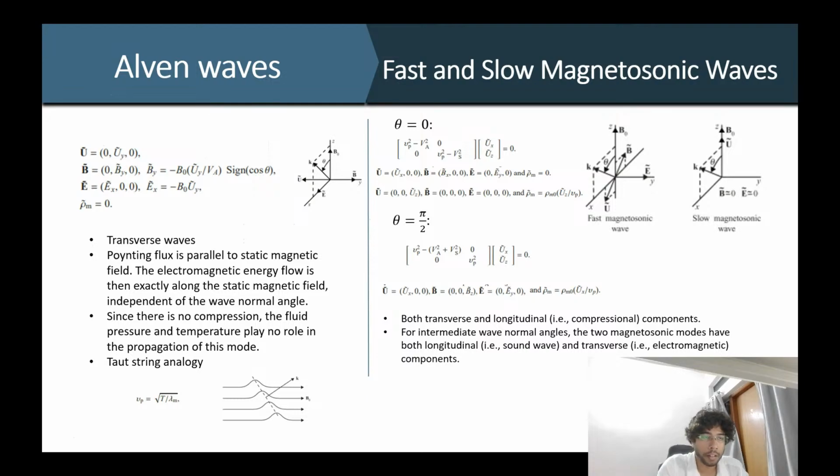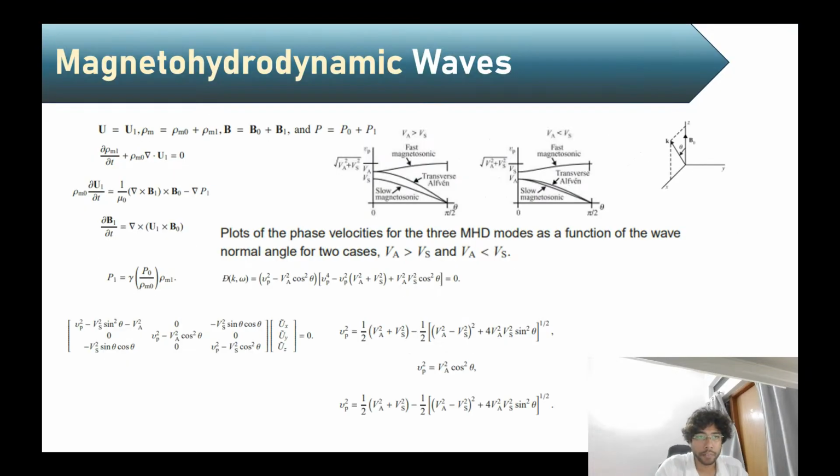Okay, we got the velocity. Now, what about the magnetic field? That actually comes from this equation. If you remember, when we take the Fourier transform of this equation, this term becomes i omega b tilde, and we have del, which becomes ik, so k cross u tilde cross b naught.